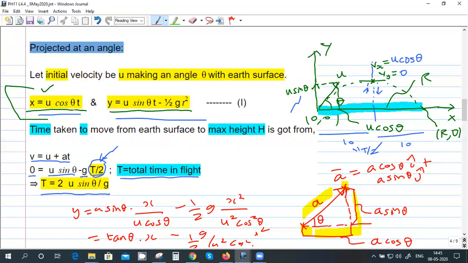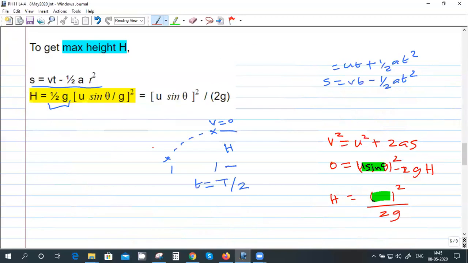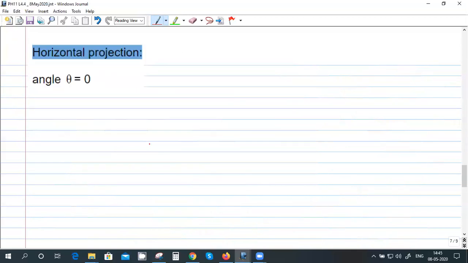I'll get x equal to ut and y is minus half g t square, because theta 0 means cos 0 is 1 and sin 0 is 0. So my x will become u into t.